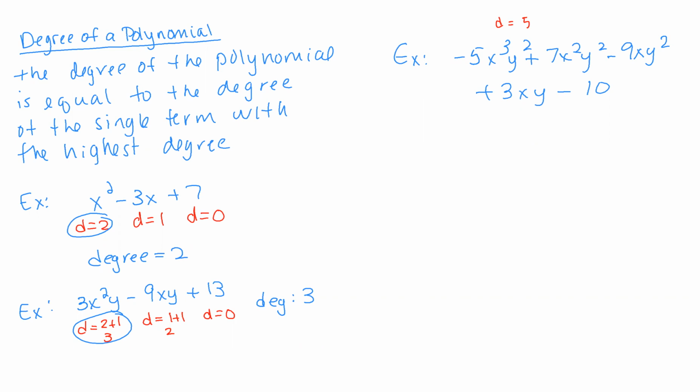And then for the next term, we have a degree of 2 plus 2, or 4. Then we have a degree of 1 plus 2, or 3. Then we have a degree of 2. Then we have a degree of 0. So we can see the single term that had the highest degree had a degree of 5. So the degree of the entire polynomial would be 5.